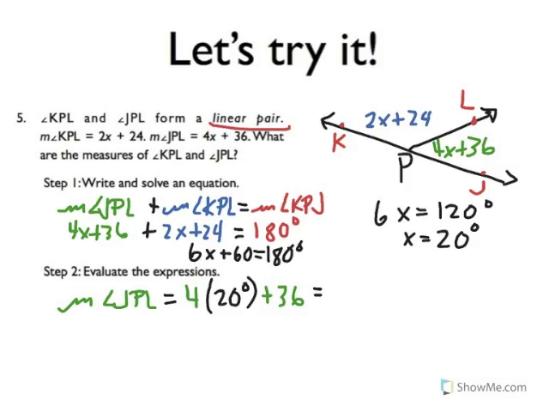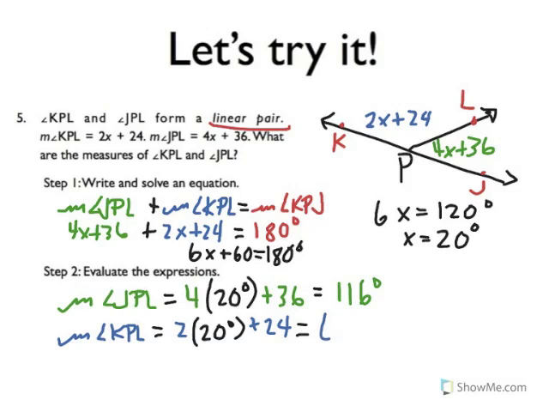And of course, that is quickly and easily calculated as 116 degrees. And finally, the measure of angle KPL is going to equal 2 times that same 20 degrees for x plus 24. And that is going to equal 64 degrees.